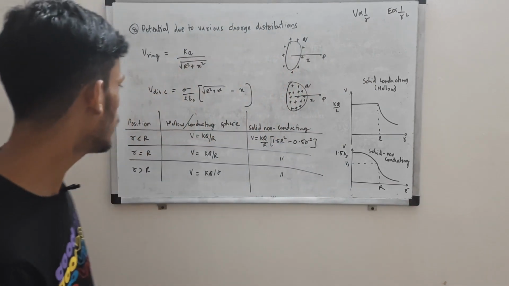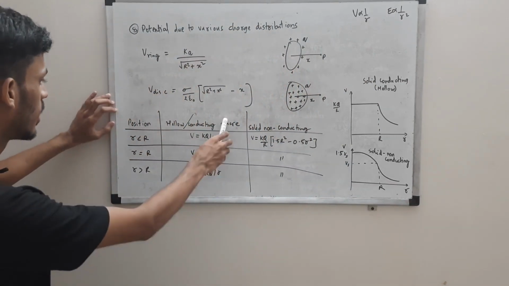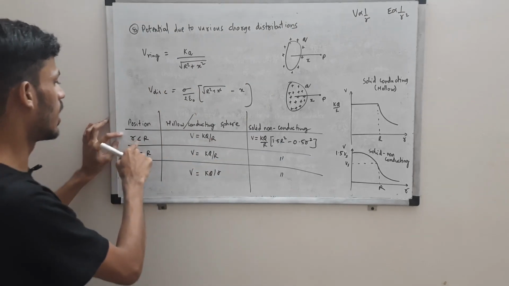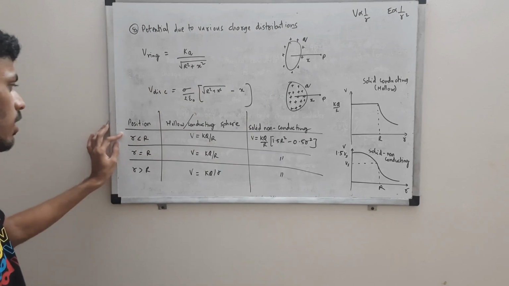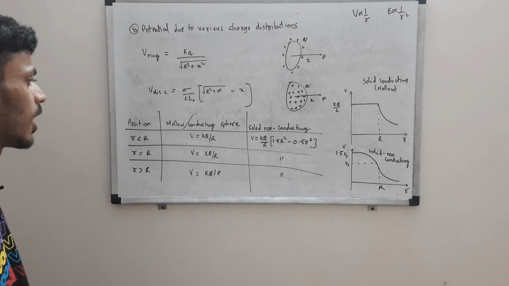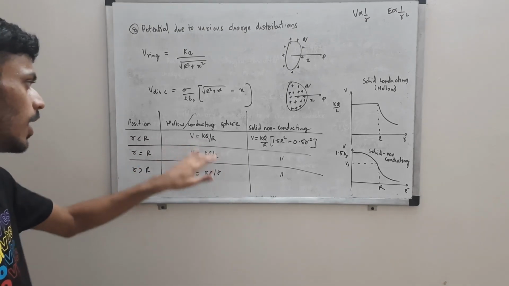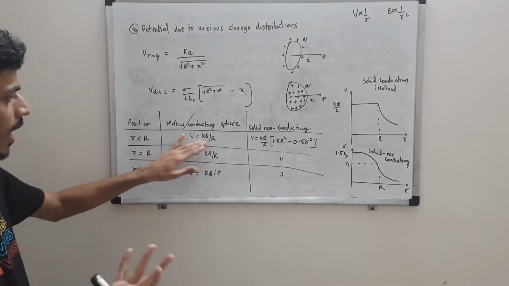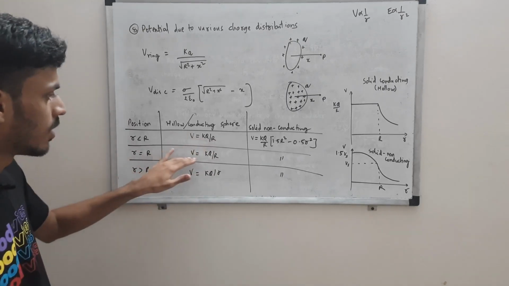So let's come to the hollow conducting sphere. For r less than capital R, where capital R is the radius, meaning inside the sphere, the potential will be kq by R. It's a constant value, right? R is constant, q on the sphere is constant, and k is a constant, and on the surface you'll see the same value.